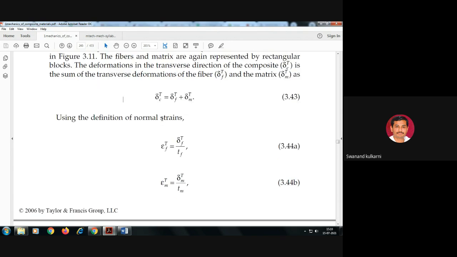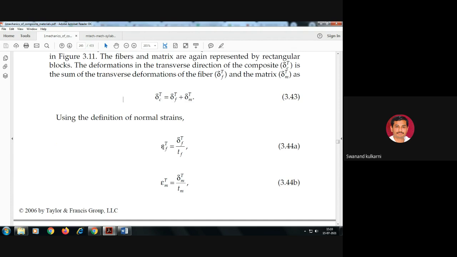Using the definition of normal strain, the normal strain in the transverse direction is the change in length to the original length. The change in length is deformation, given by delta. So delta suffix F is with reference to fiber in the transverse direction.